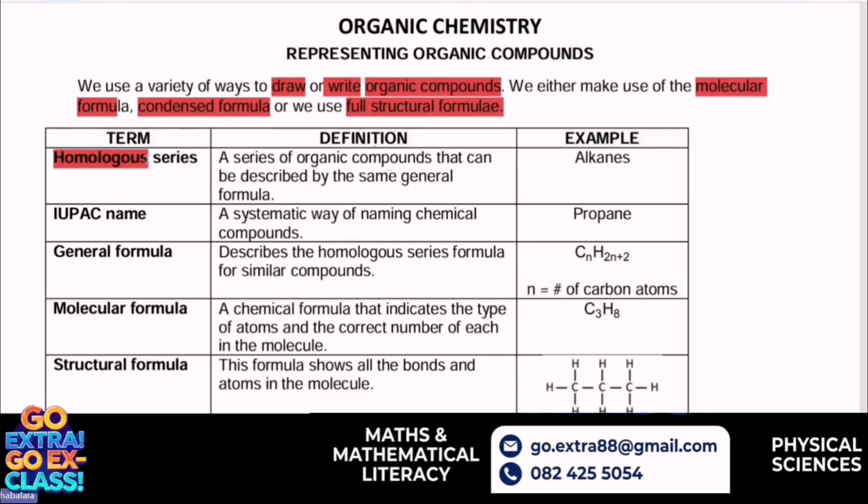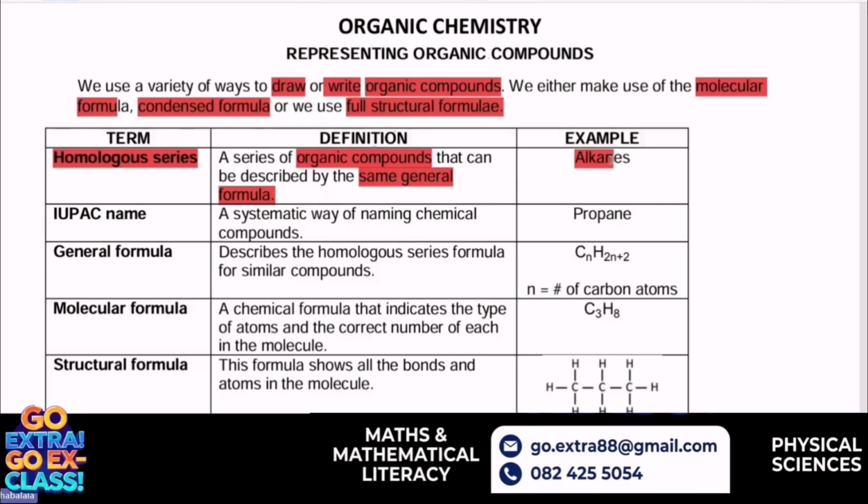So we're going to start by looking at the homologous series. How do we define it? We define it as a series of organic compounds that can be described by the same general formula. So a homologous series, guys, represents a group of organic compounds that have the same general formula.